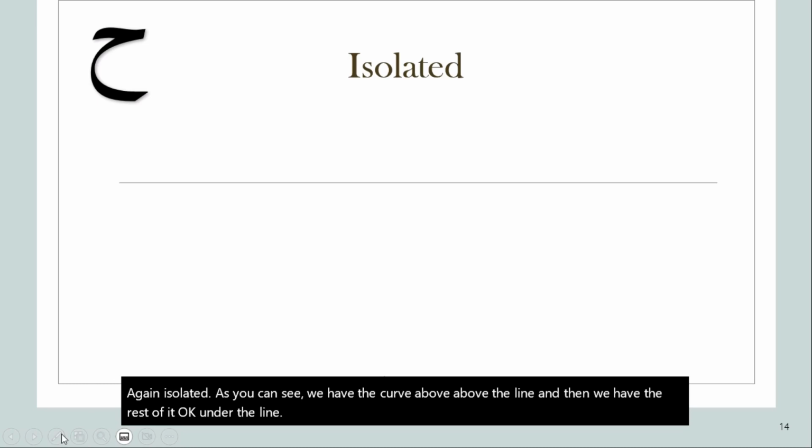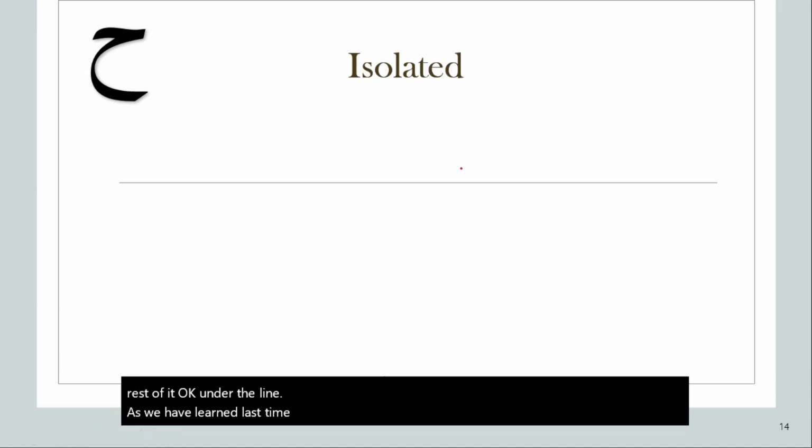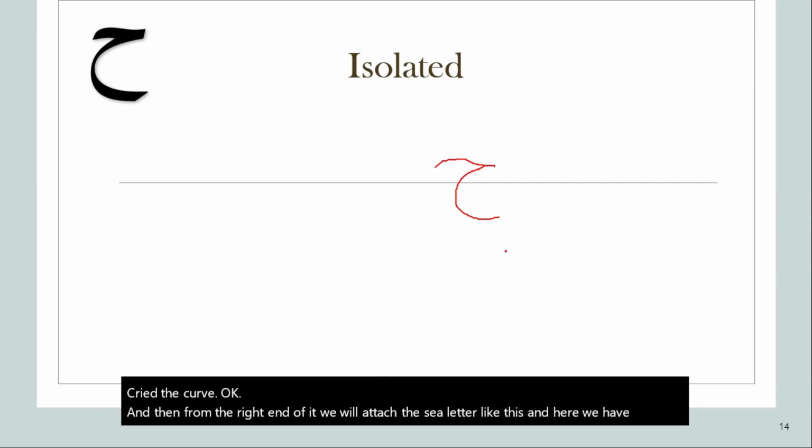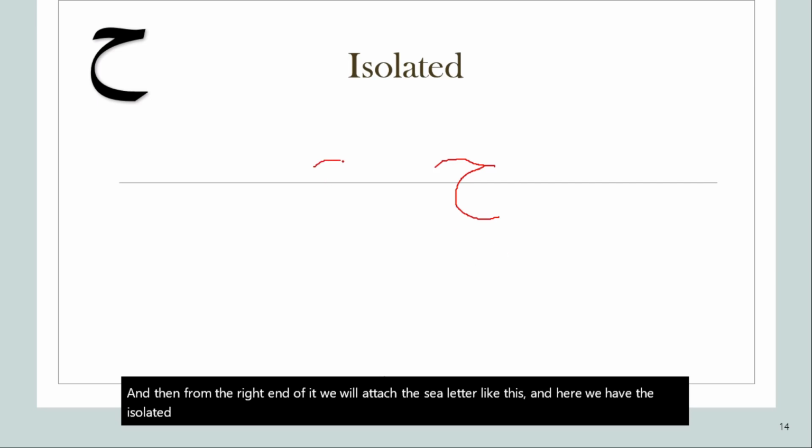As we have learned last time, we will write the curve, okay, and then from the right end of it we will attach the C letter like this, and here we have the ha isolated. So again, the curve, from the right end we attach the C, so we have the ha.